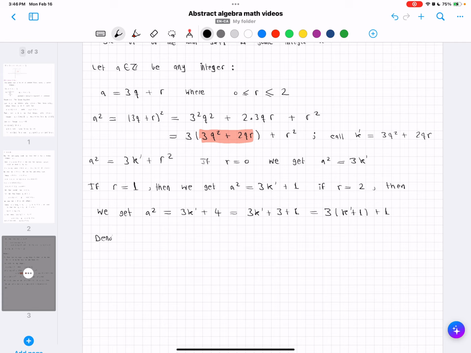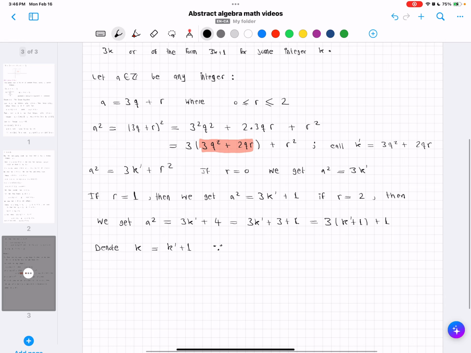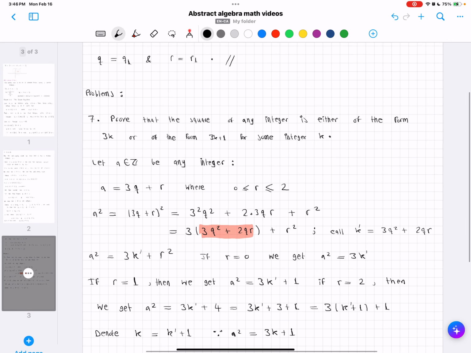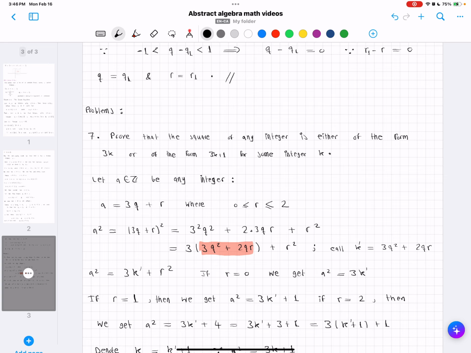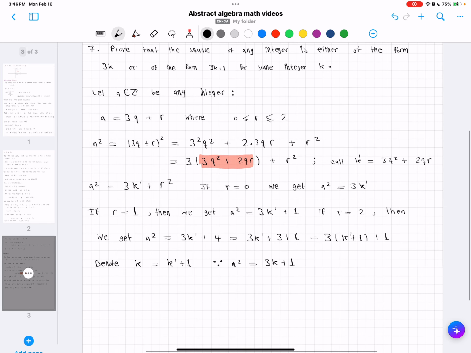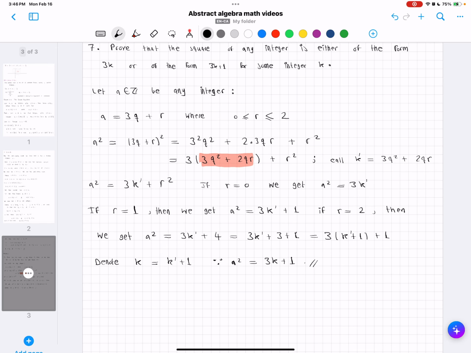So denote k is equal to k prime plus 1, so therefore you have that a squared is 3 multiplied by k plus 1. So indeed we get that all of the forms that we got is either 3k or 3k plus 1. So indeed we get what we want.